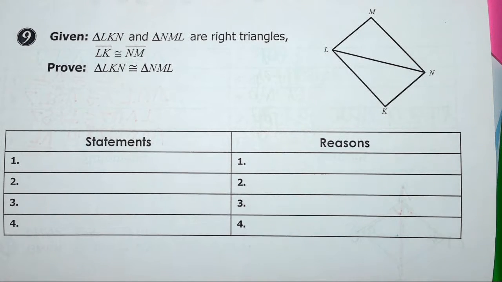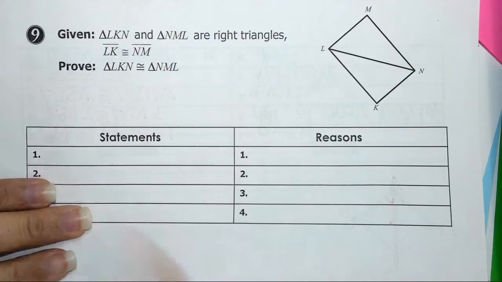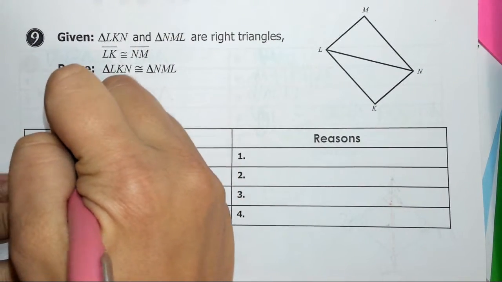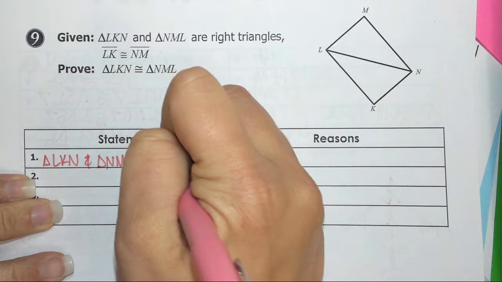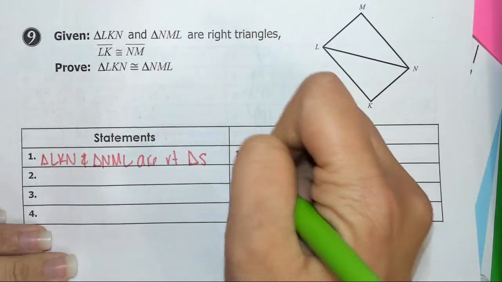Everybody should draw their box. Hey, what did you start with? The given. You started with the given, so I'm going to start with the first given. That triangle LKN and triangle NML are right triangles. And the reason is?